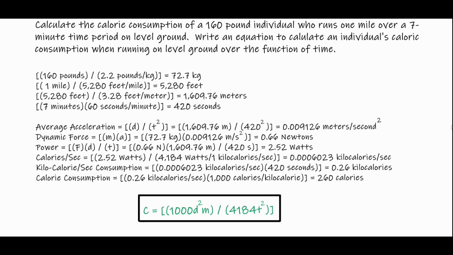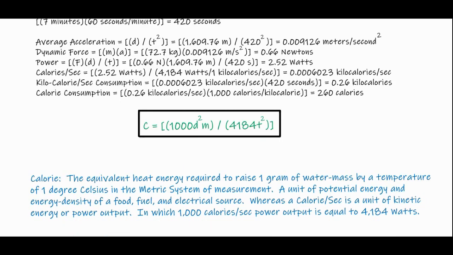So if you are walking, jogging, or running on level ground over a set distance over a set time, and you're curious about the amount of calorie output or the calories you're burning, you can use this formula here in green, which is 1,000 times the distance in meters squared times your mass in kilograms, or your pounds divided by 2.2, which is the mass, then divided by 4184 times the seconds of the run duration squared.